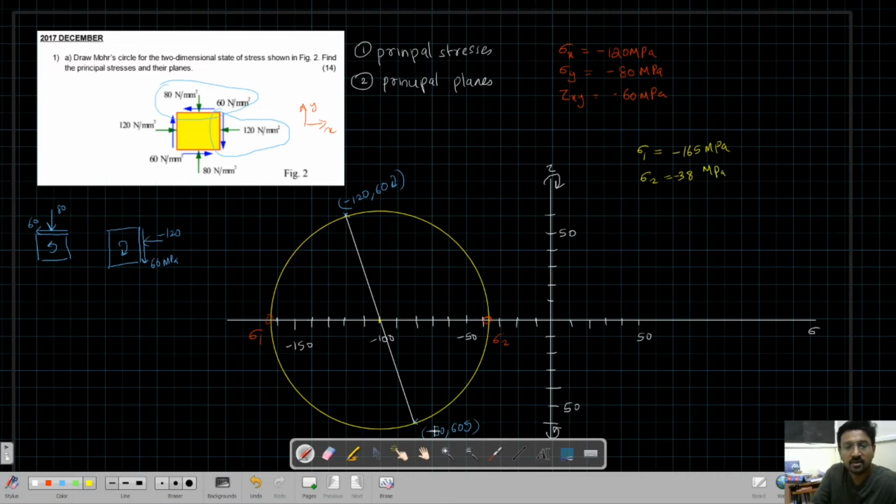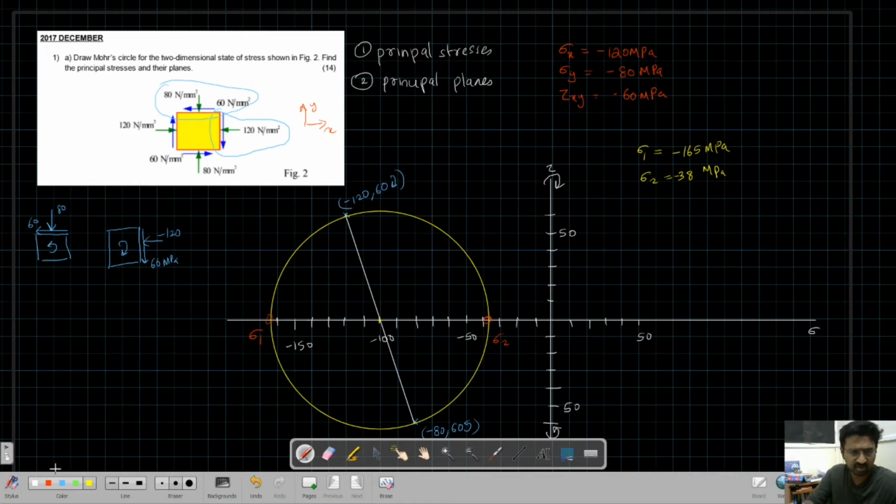You have to remember this point represents the horizontal plane. Now, with the original planes we have considered, that means this point and this point corresponding to this plane and this plane, we have to see at what orientation we have the principal plane.